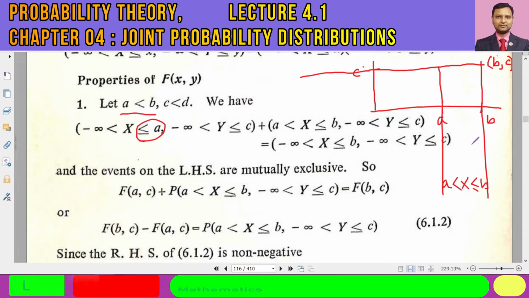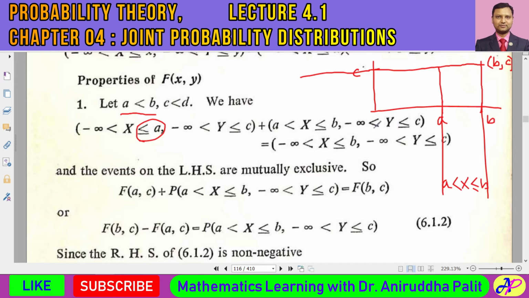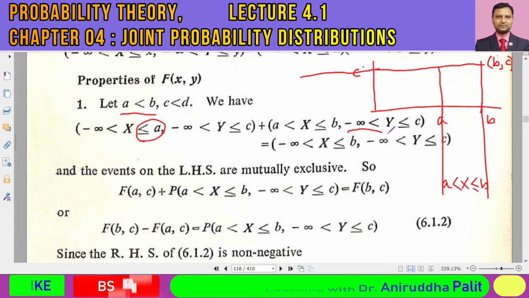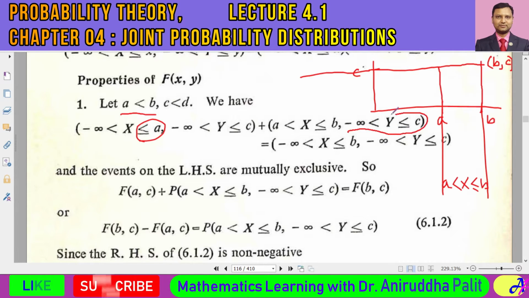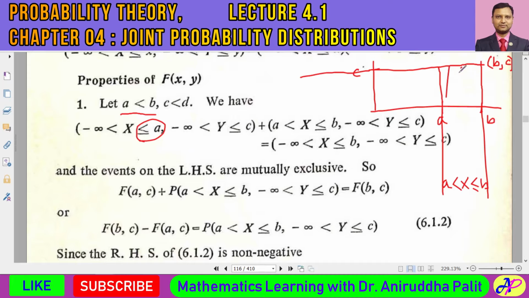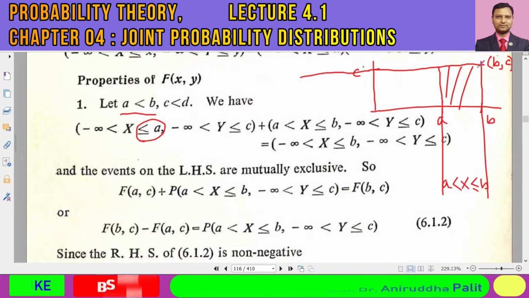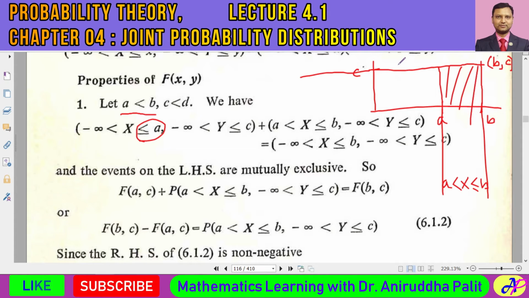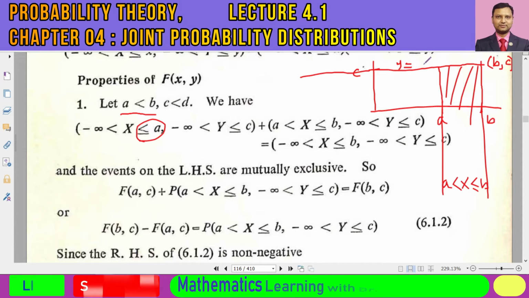And what is the restriction on y? The restriction is minus infinity less than y less than or equal to c. That means we should consider the portion just below the line y is equal to c.